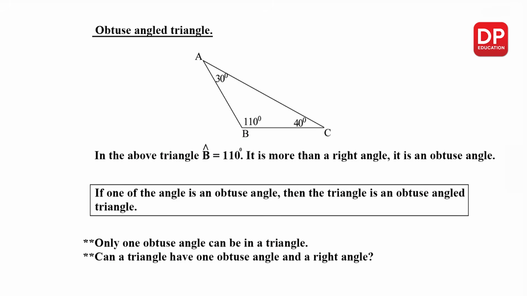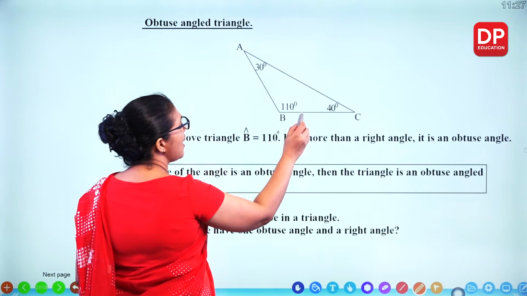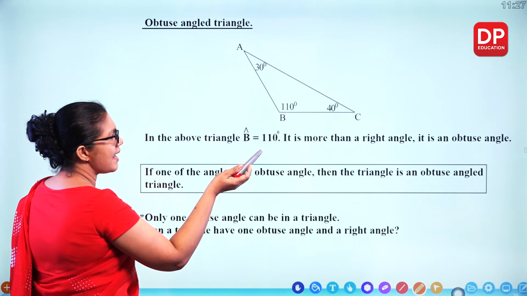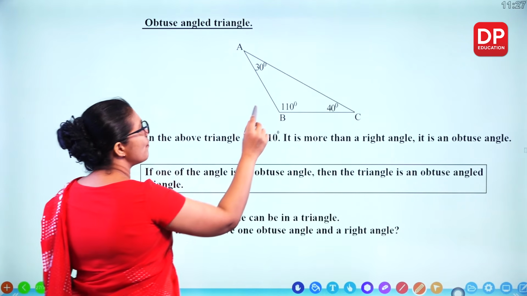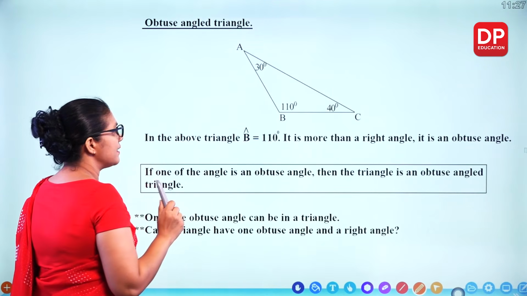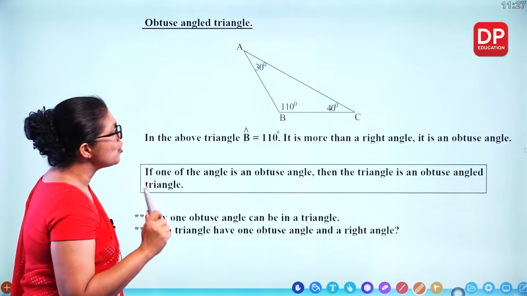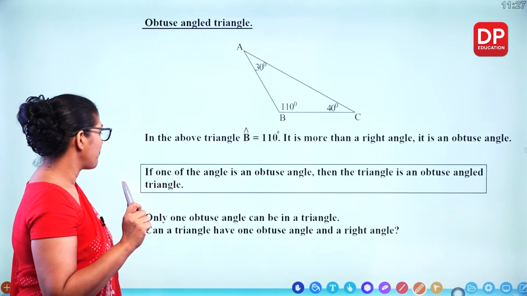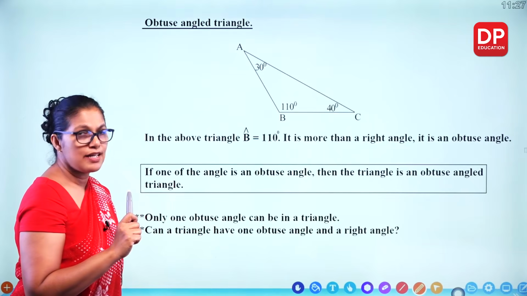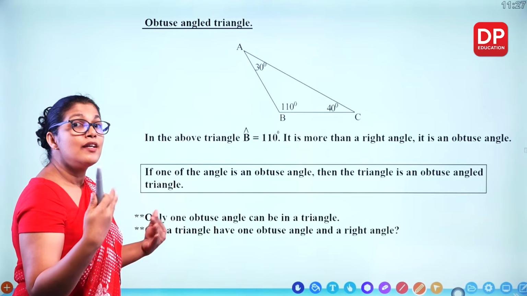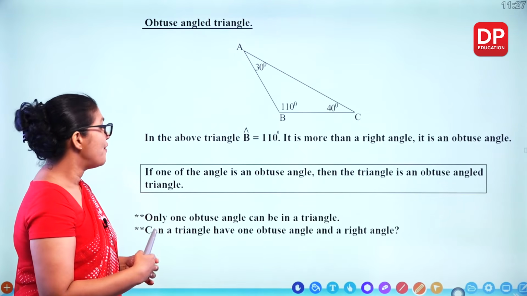Now we'll look at the third type, the obtuse angle triangle. What does obtuse mean? Now look at this triangle. You get a 110-degree angle. That is more than a right angle. So if there's an obtuse angle in the triangle, we call it an obtuse angled triangle. Only one obtuse angle can be in a triangle, because when you add 110 and 100 something, you get more than 180.